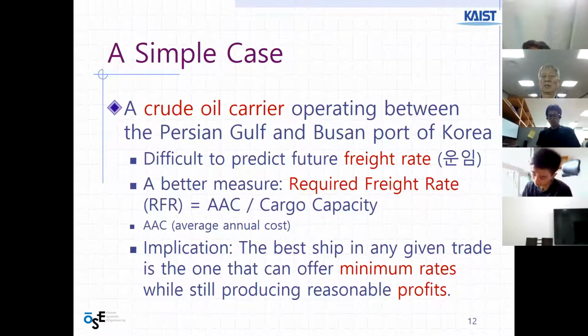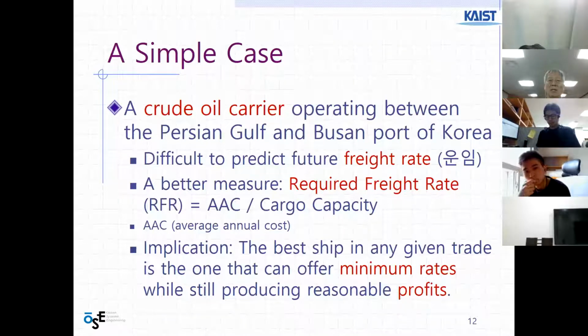So instead, they choose to use a required freight rate. That can be the minimum income we need to earn, so as not to lose my money. RFR is the short name of required freight rate.